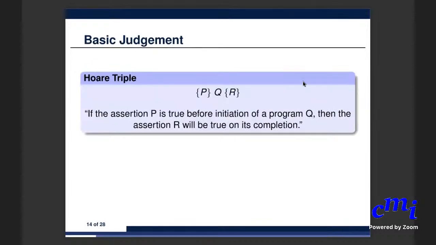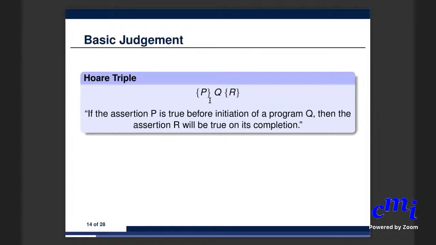Here is the formal definition. Someone asked how to formalize; this is where I'm introducing Hoare logic. In any logic, as you already saw, we have to introduce the syntax, meaning the formulas, the atomic formulas of that logic.